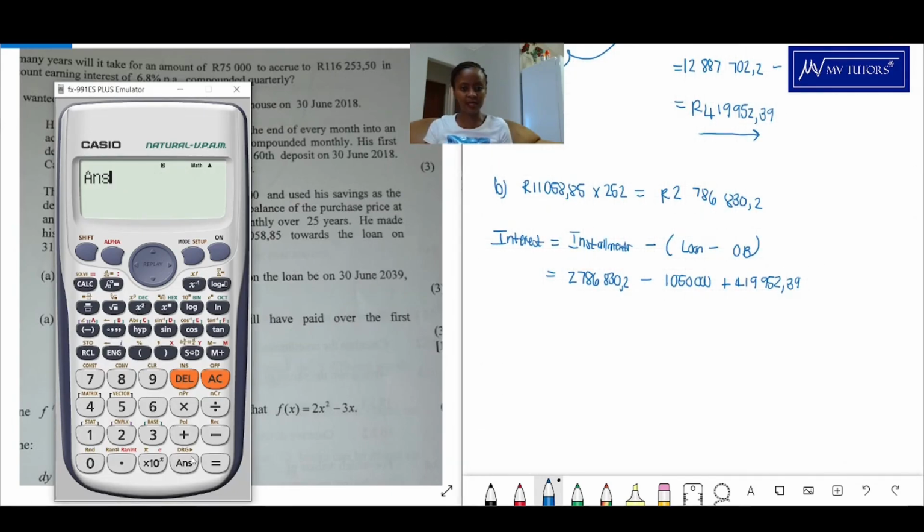Sure, he's been paying a lot. The interest this guy has paid, and it's not even done yet, the house hasn't been paid up yet, is 2,156,782 rands and 59 cents.